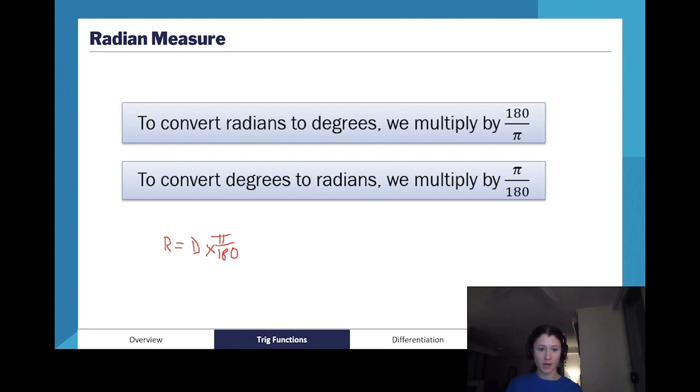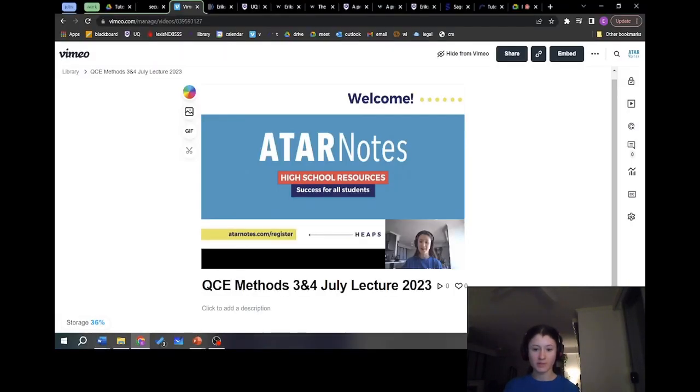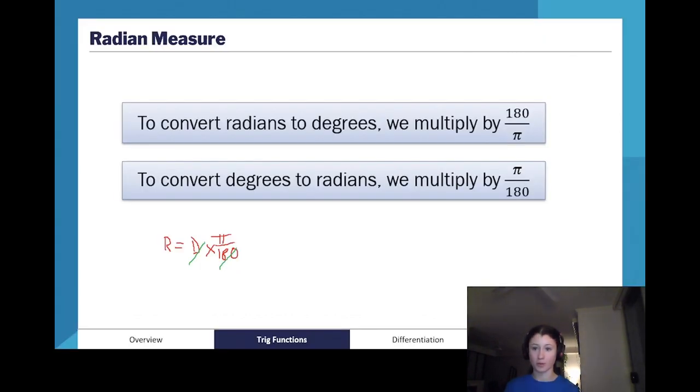And looking at this, you can see that your 2 degrees measures are going to cancel out. So that's just another way that you can remember which conversion you are using.